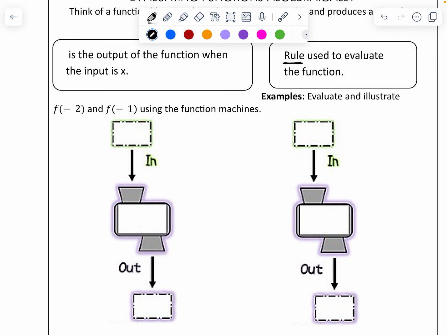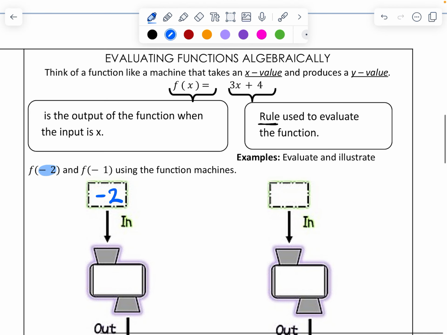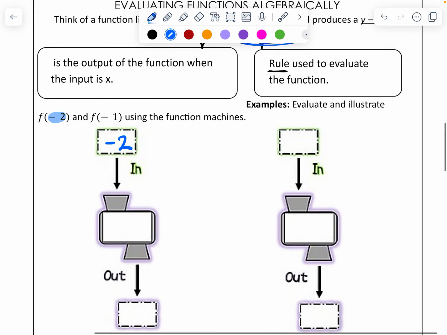So let's put in -2 as our input here. So I'm putting -2 into the machine where the rule is 3x plus 4. Here's my rule.